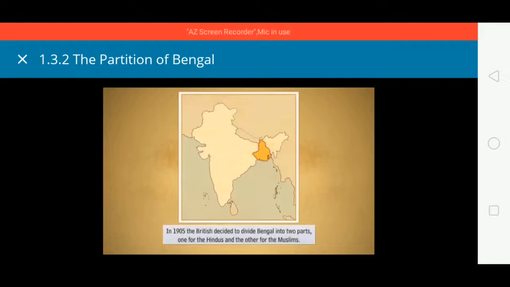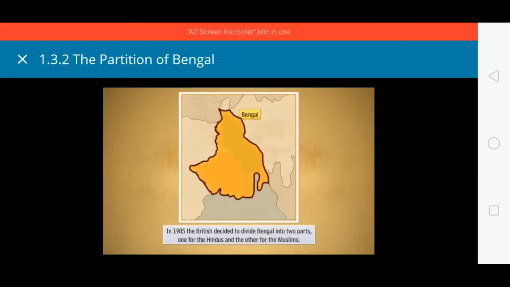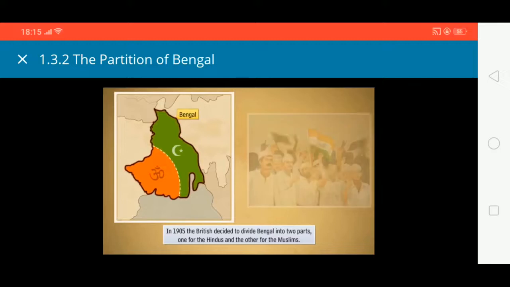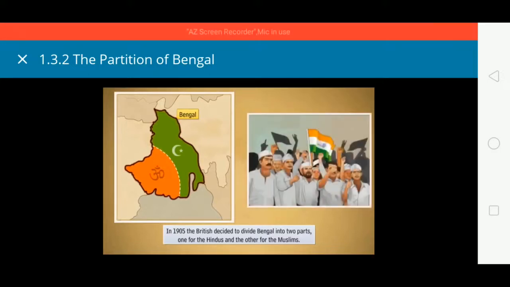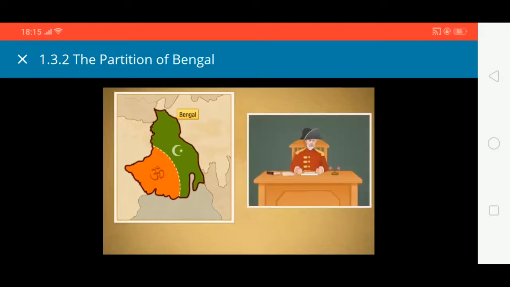So in 1905, the British decided to divide Bengal into two parts, one for the Hindus and the other for the Muslims. People from all over India opposed this decision. The British could not face this opposition. They had to stop the partition of Bengal.